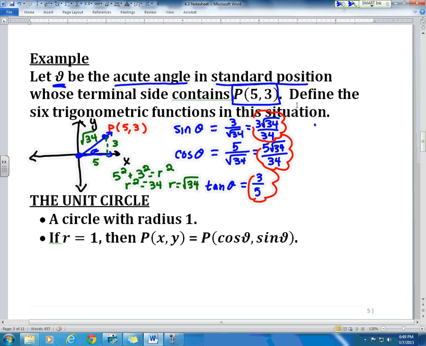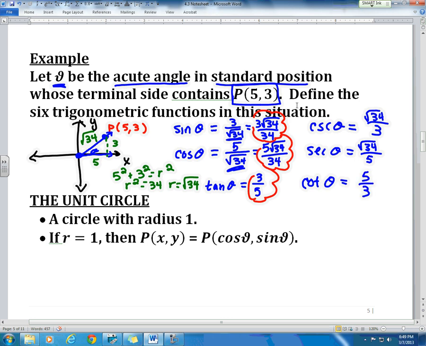cosecant, remember, is the reciprocal of sine. Remember, also write the angle measure that comes after the trig function. That will be equal to, I'm going to go back to this step to take the reciprocal rather than my final step so I don't have to re-rationalize, radical 34 over 3. Secant theta will be radical 34 over 5, again going to the first place where I got the answer, and then cotangent theta will be 5/3.